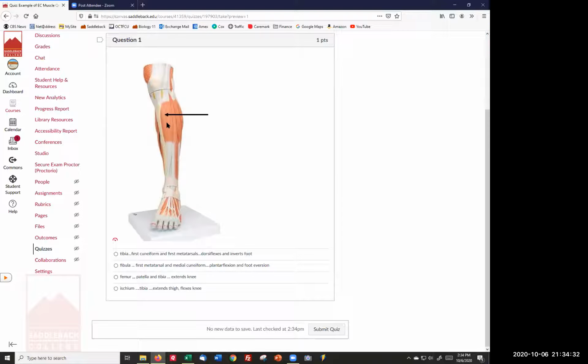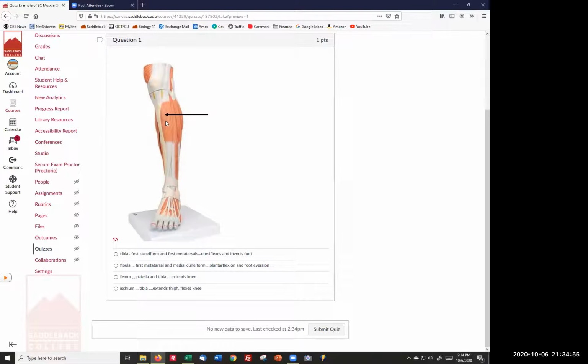Biceps femoris? I think you got it, but try it again. Biceps femoris? No. Anterior tibialis? Sorry, it's hard when we're talking over each other. Is it not the soleus? No, it's not the soleus.